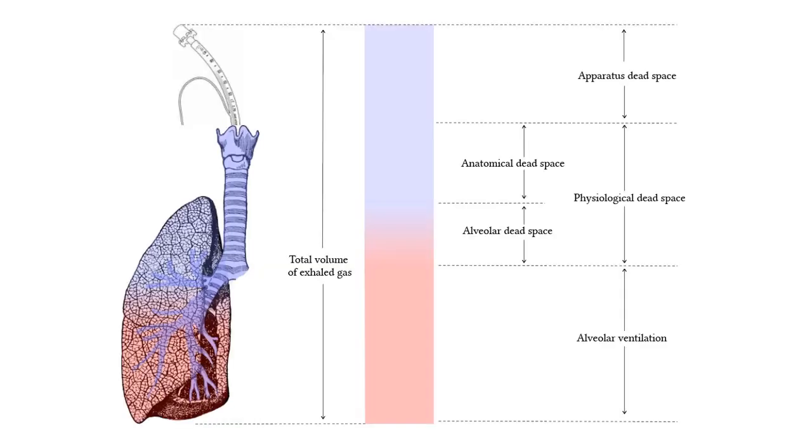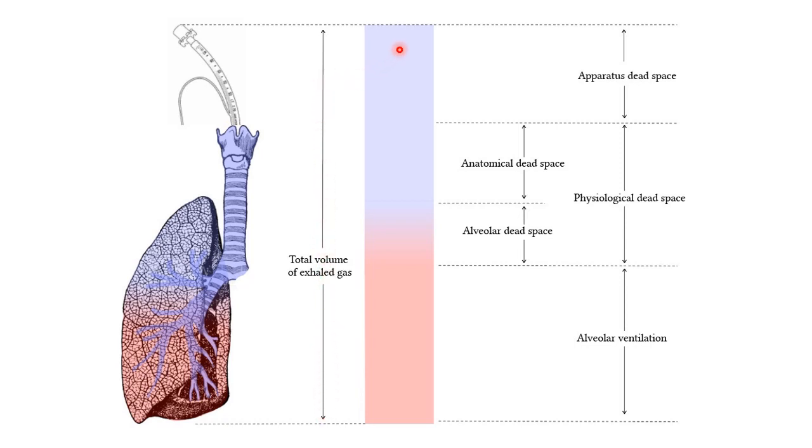Okay, so you have here a picture showing the tracheobronchial tree, as well as an endotracheal tube inserted. So this image, if you correlate it with the labels here on the right, will show you the location of dead space. Okay, so in here would be the total volume of exhaled gas.